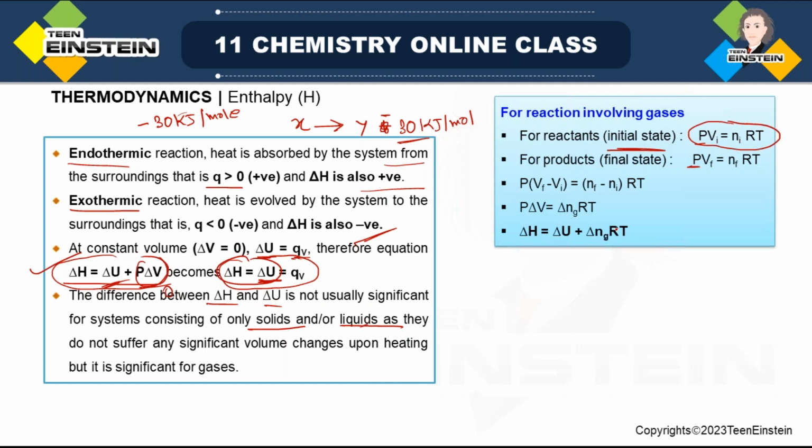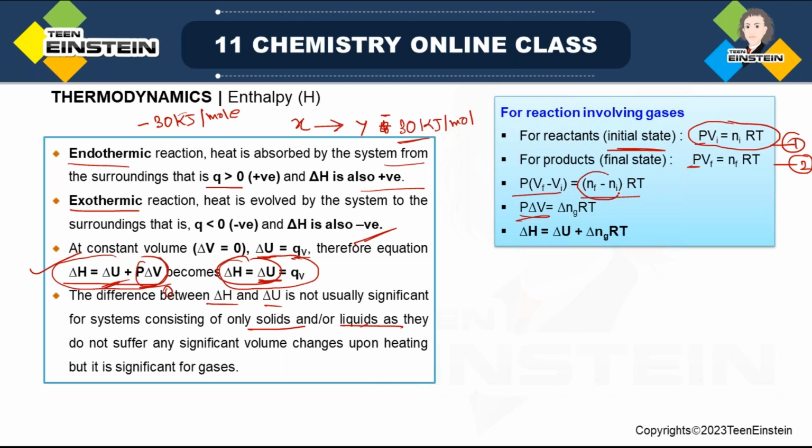So in this ideal gas equation, P, R, T are constant, V and n are different, with the subscripts i and f. Now equation 1, equation 2, what will you do? Just subtract 1 from 2 and you will get on the left hand side P common, Vf minus Vi, or you can write P del V, and on the right hand side it is RT common, nf minus ni.